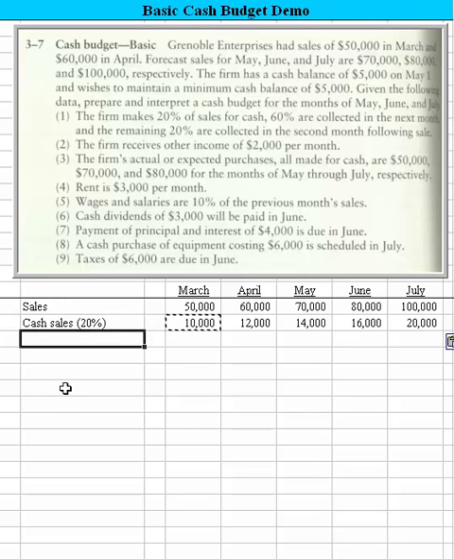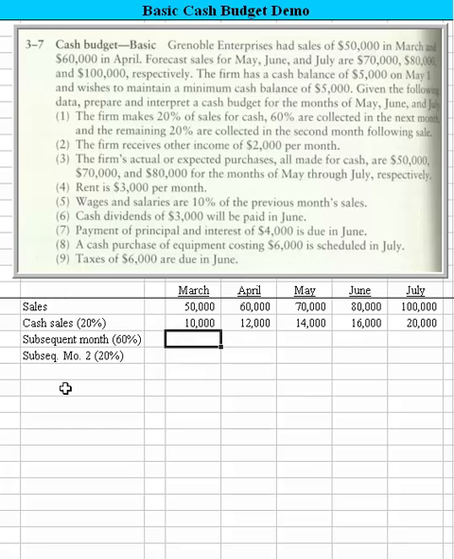Okay, next we need to know that 60% are collected in the subsequent month and the remaining 20% are collected in the second month following the sale. So if we talk about the next one as a subsequent month, we know that that amount is 60%, right? And then we could abbreviate this as subsequent month 2 is 20%.